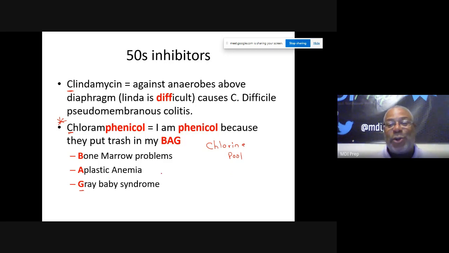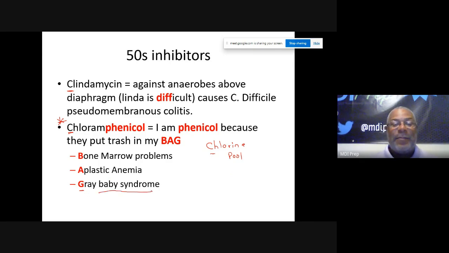And there's so much chlorine in the pool that now the baby's skin is gray. That is not true. It doesn't work like that, but it's an easy way for you to remember it for the test. Chloramphenicol can cause something called gray baby syndrome.